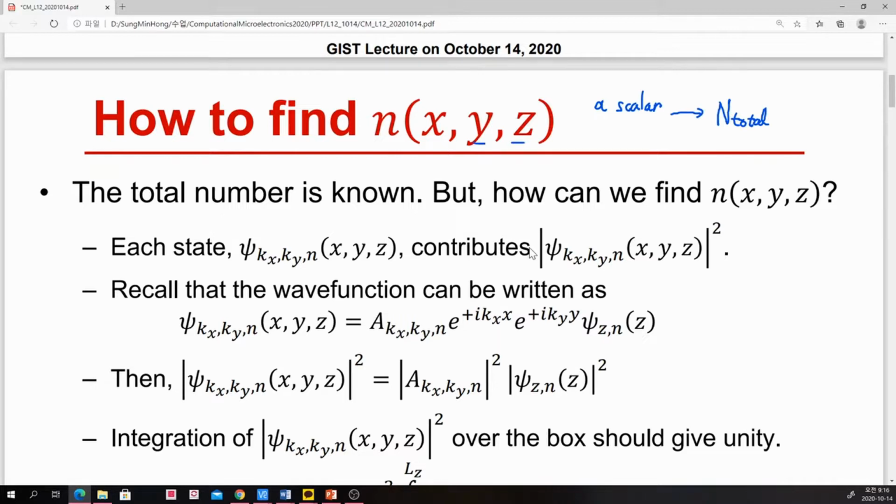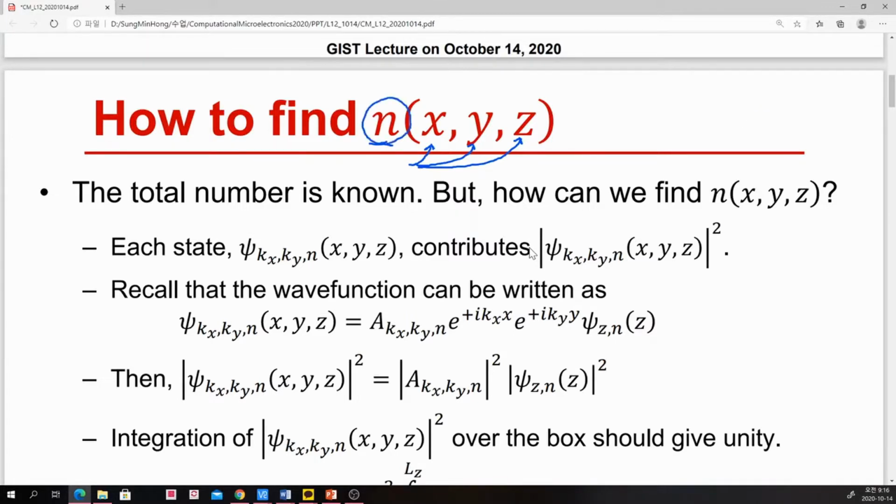But now we wanted to calculate the electron density. So electron density means that for a given position, which is described by x position, y position, and z position, how many electrons are nearby there? That is the question. So why do we need to understand this electron density?